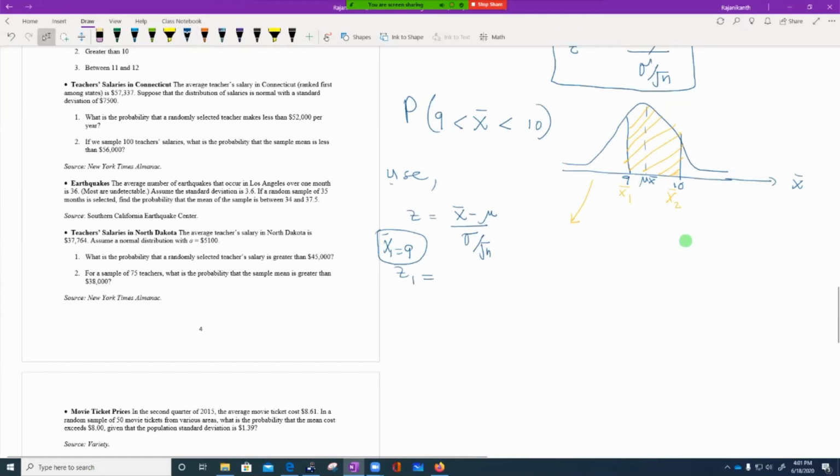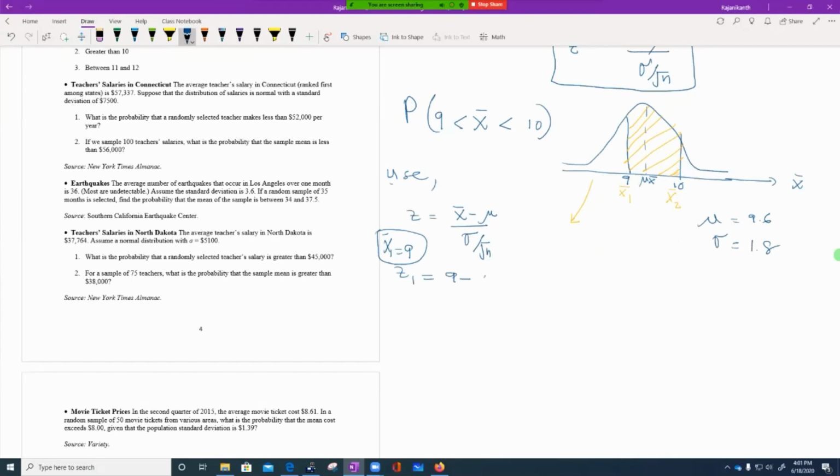When you plug that value into your formula, you will get z1 as 9 minus mu. For this problem, remember, mu is 9.6, and the standard deviation for the original problem was 1.8.